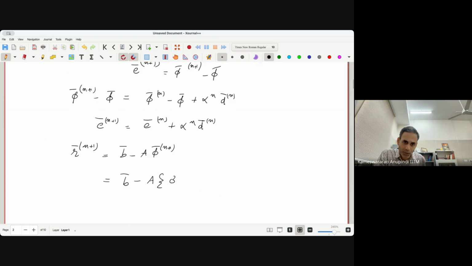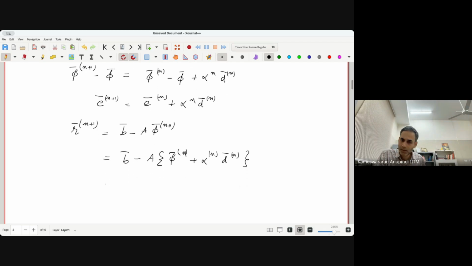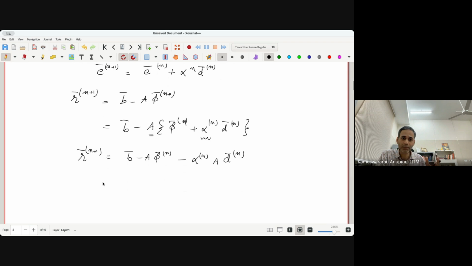If I substitute this, I get b bar minus A times phi bar n minus, because alpha n is a scalar, when I multiply with A, alpha n can be brought before A as well, so alpha n times A times dn. That is what I have for r bar n plus 1, my residual at step n plus 1.